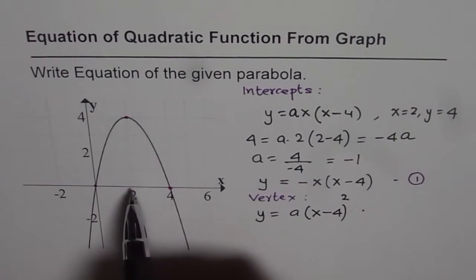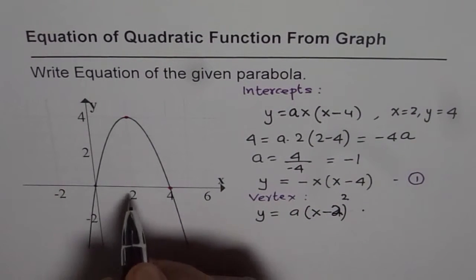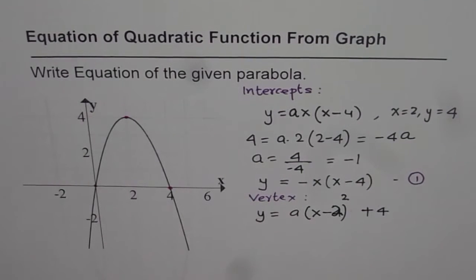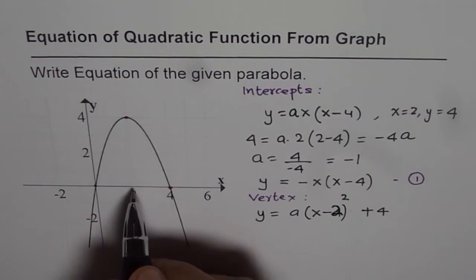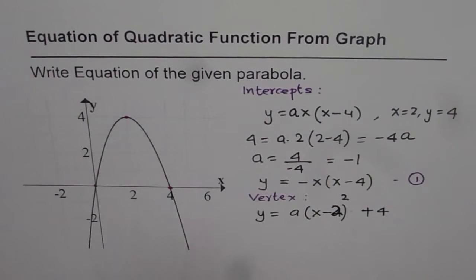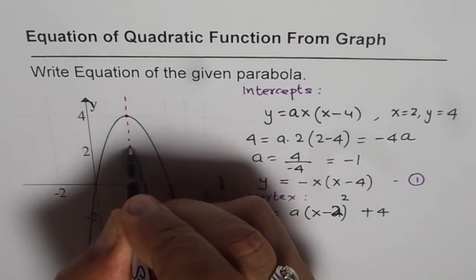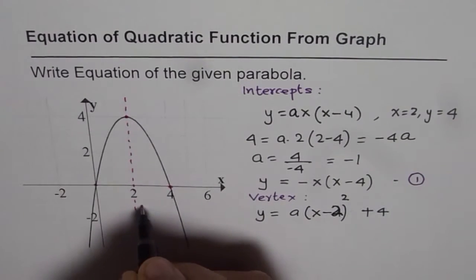Sorry, the vertex is at 2 and 4, so x minus 2, right? So x minus 2 whole square plus 4. Right? So that is x minus 2, since x value is 2 for the vertex, right? So that is the vertex. Let me clearly show the axis of symmetry, which is at x equals to 2.